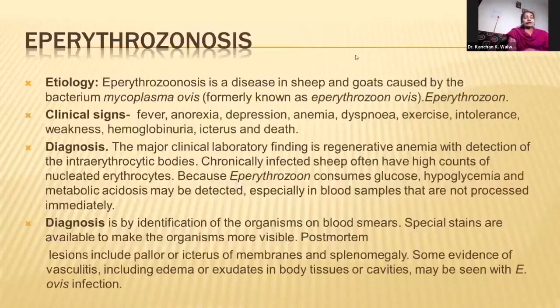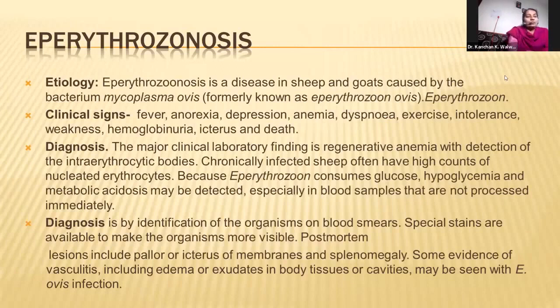Etiology of eperythrozoonosis. Now it is classified under the bacteria Mycoplasma. So Mycoplasma ovis is the causative agent. Here there is again fever, and since it is a Mycoplasma organism, it will definitely cause some amount of respiratory problem. It will also lead to hypoxia, and there will be anemia, and there will be hemoglobinuria because of hemolysis.